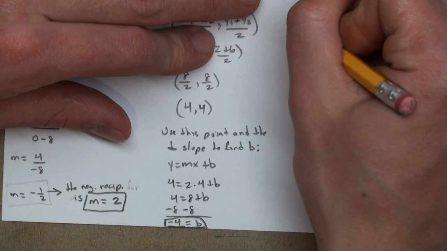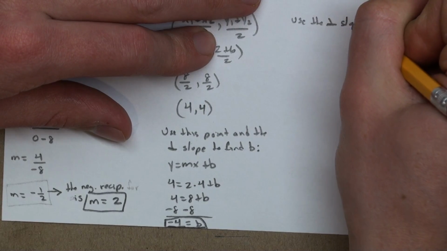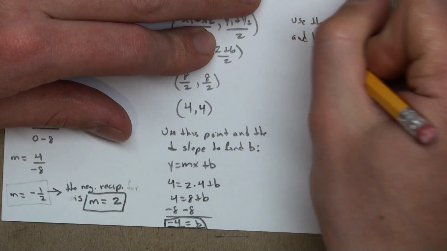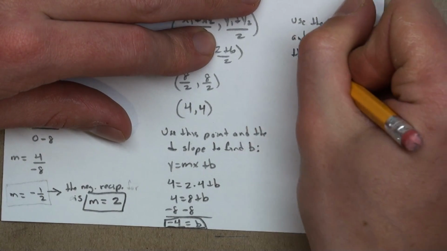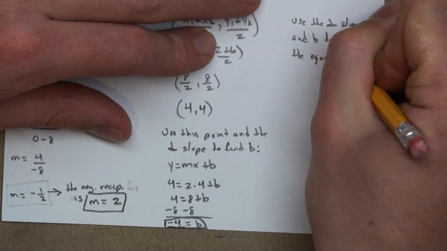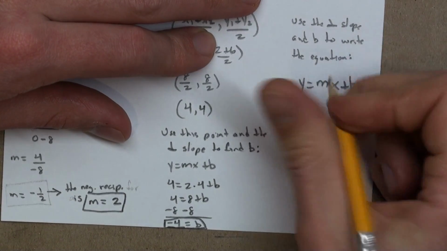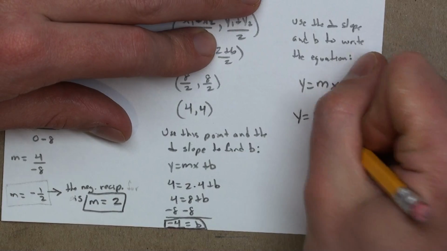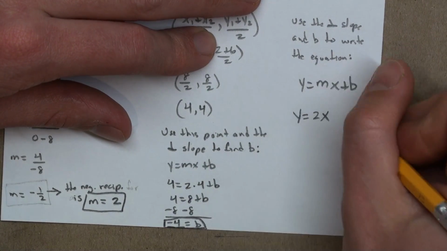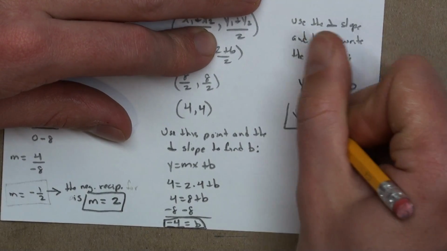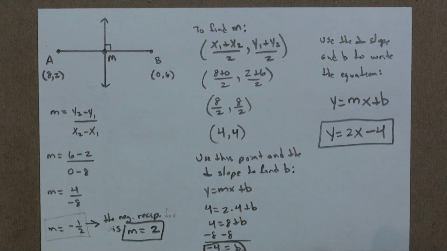So now, use the perpendicular slope and b to write the equation. y equals 2x, m is 2, right? Instead of plus 4, it's minus 4. Okay? That's how you do it.